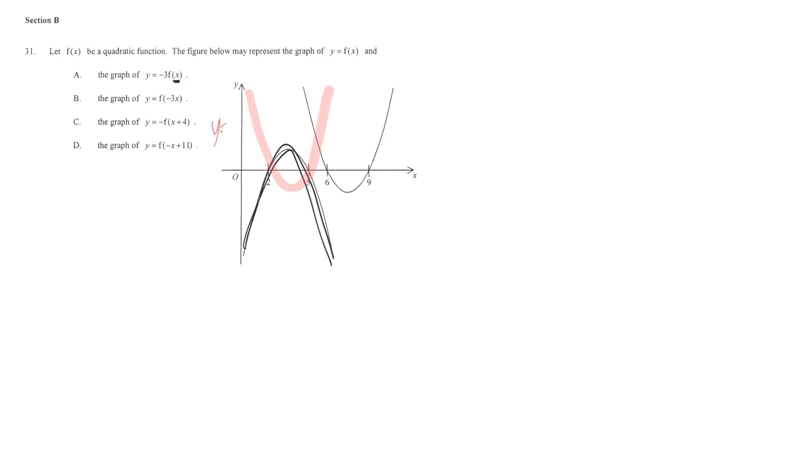This is y equal to negative f(x). However, we have negative 3, so it will change more quickly, more vigorously. So this is y equal to negative 3 f(x). So it obviously does not match our situation.